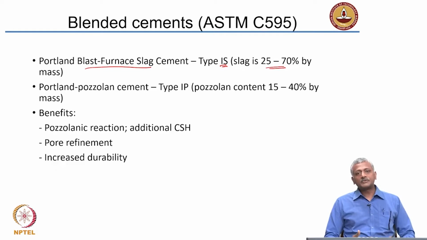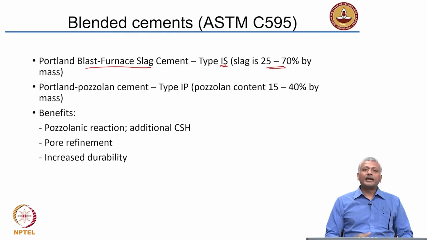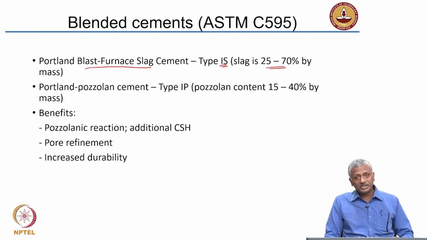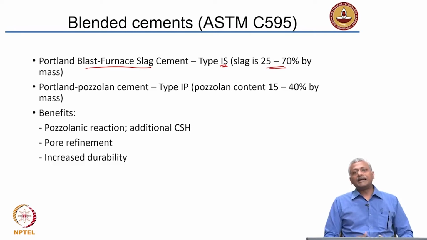Now, this limestone basically has calcium oxide in it, and your iron ore will have a lot of impurities in the form of silica, alumina and some additional iron oxide. So, this slag which comes out as an impurity from the blast furnace process ends up having a nice composition of calcium oxide, silicon dioxide and aluminum oxide and sometimes even iron oxide. So, it is almost similar to cement, the slag that comes out.